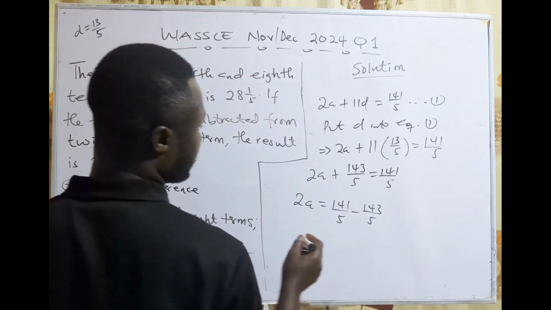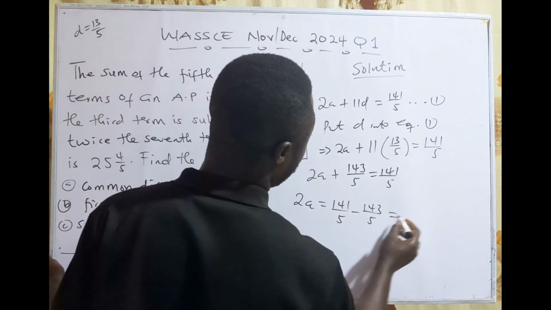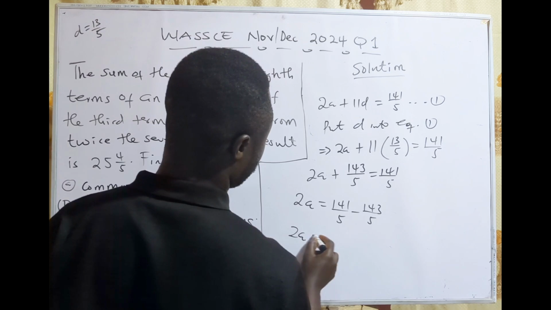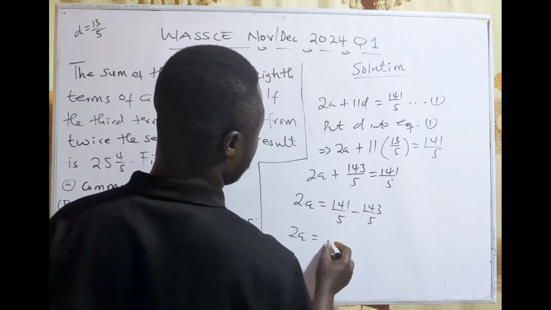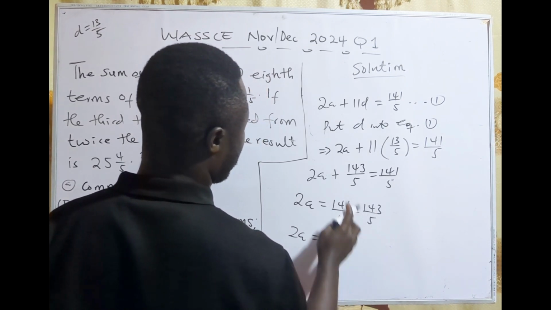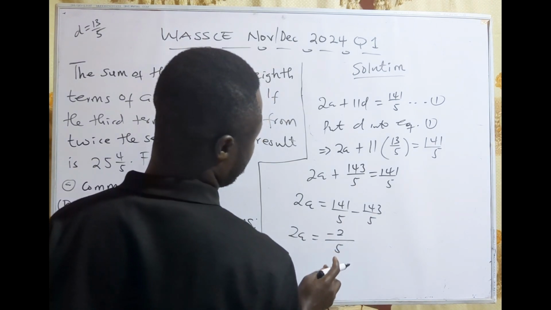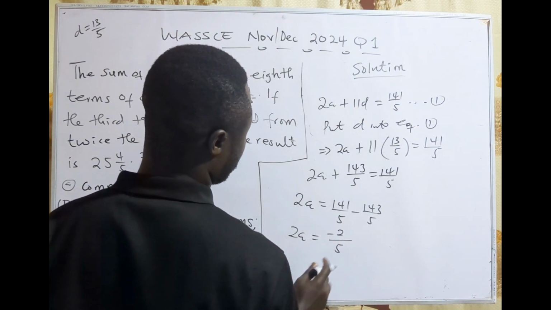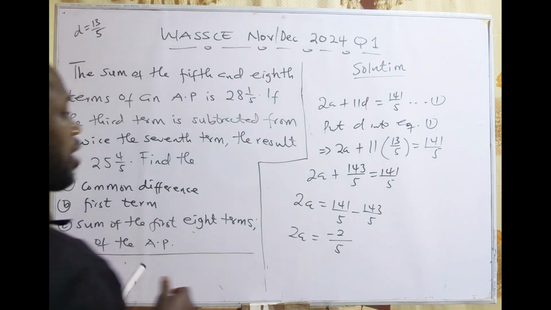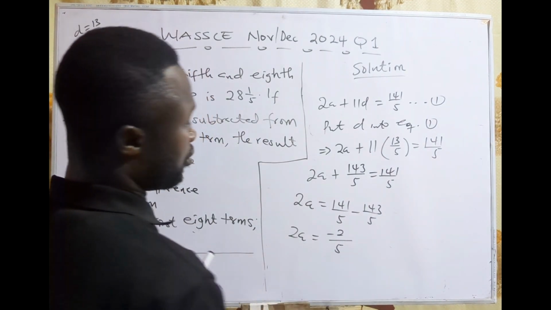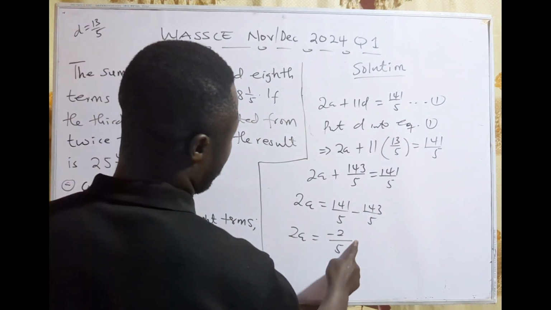With a common denominator of 5, 141 minus 143 will give you minus 2. So we have 2a equal to minus 2 on 5.